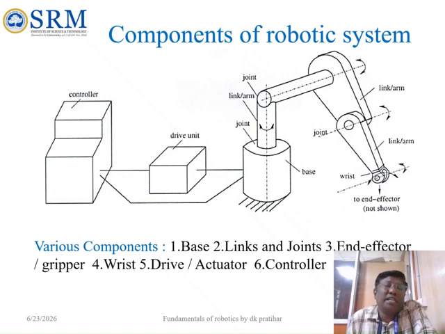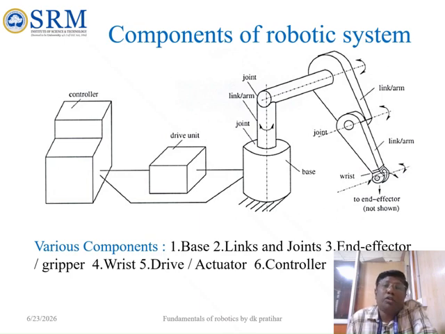Once the controller generates it, that electrical signal should be given to the robot through a drive unit, because for each one you have to give a proper driver unit: a servo driver unit for a servo, a stepper driver unit for a stepper. So it should have a driver unit to convert the electrical signal, the electrical voltage, to something understandable to the robot. Okay, so that it will do the necessary operation.